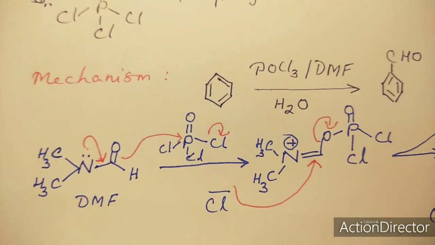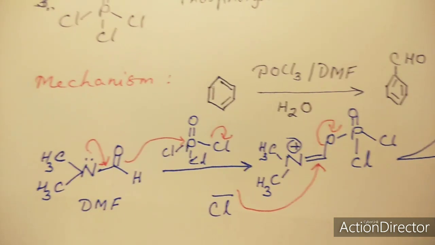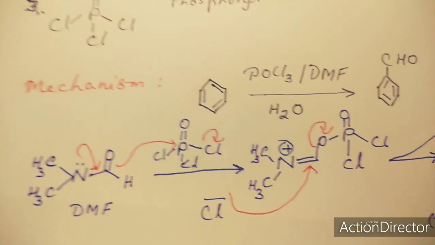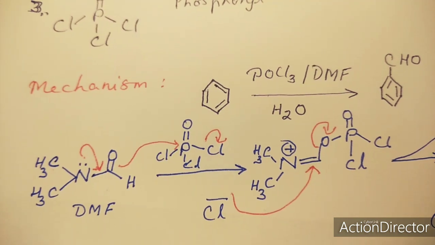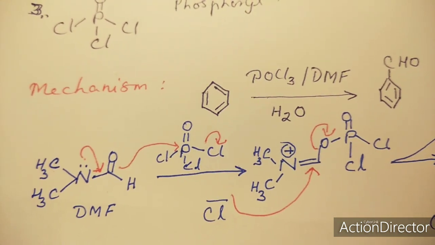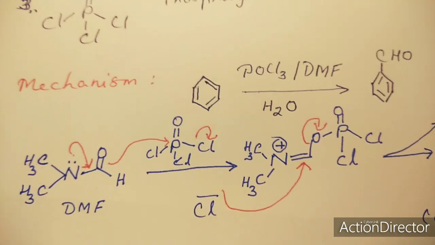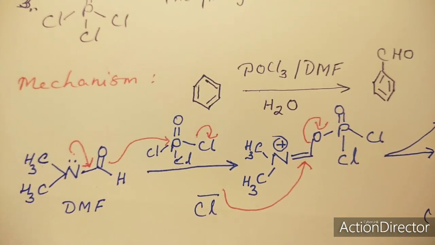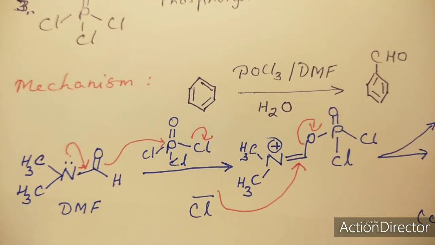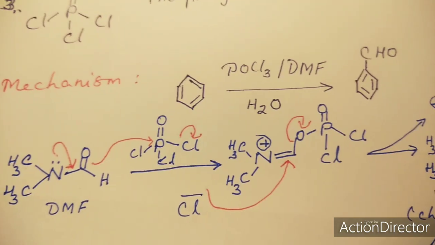So this is generated by means of the action of DMF on POCl3, whereby it is bonded to the POCl3, but one of the Cl leaves as Cl negative because it has got the electron pair from the formamide, the oxygen of the formamide.